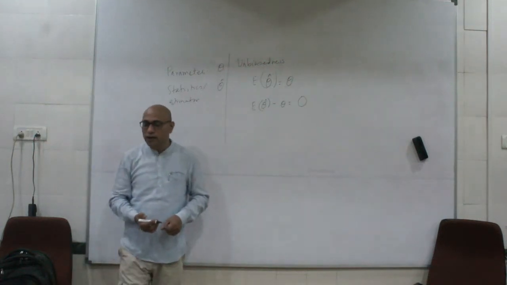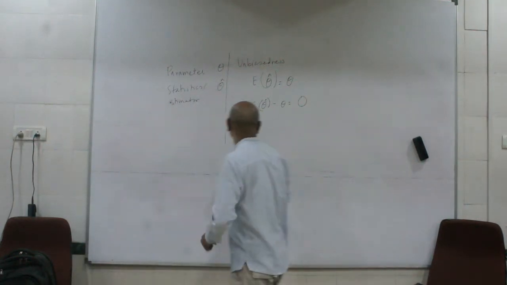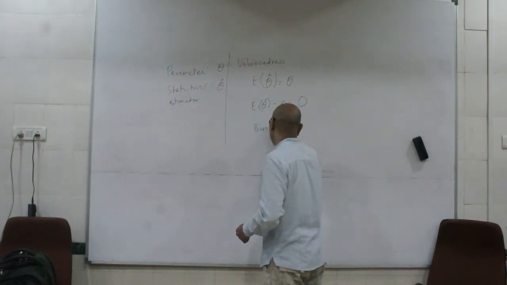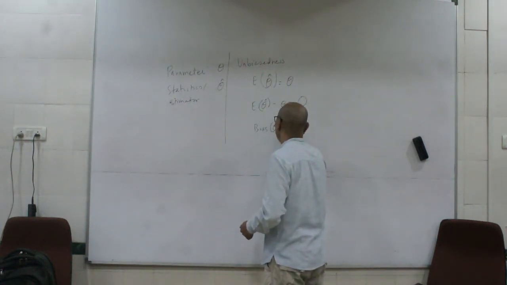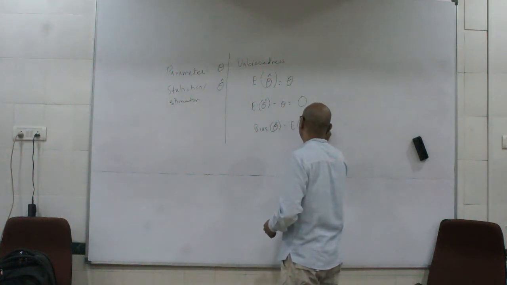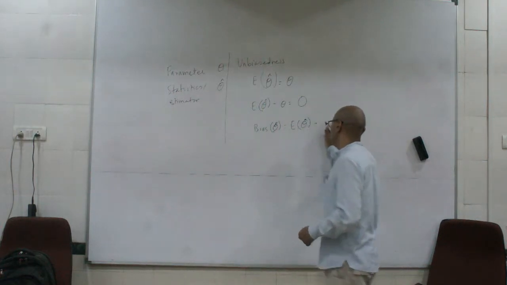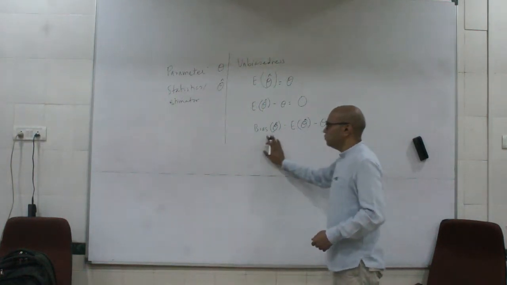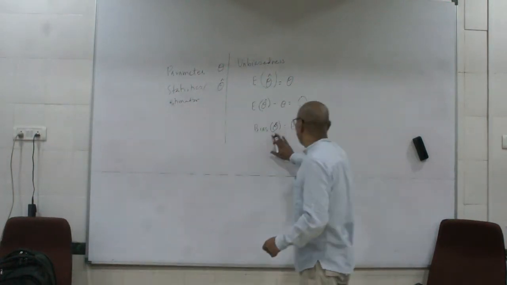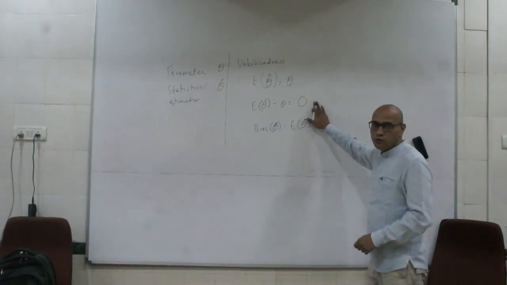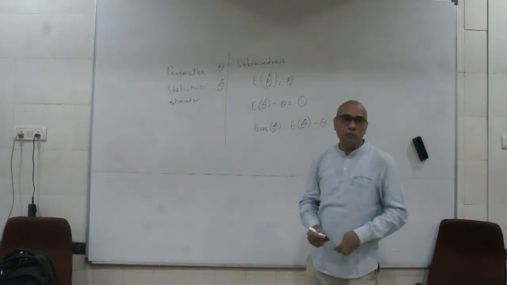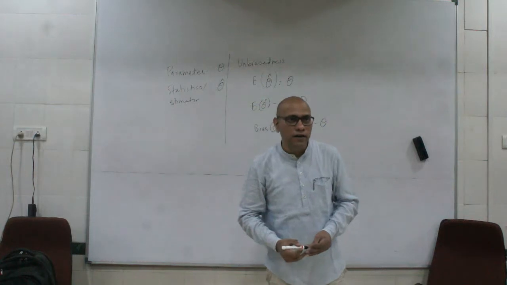So there is no bias. If we want to know the bias of theta hat, we do a simple thing. We take the expectation of theta hat and subtract theta; the expectation of theta hat minus theta would be the bias. If this bias equals 0, theta hat would be called an unbiased estimator of theta, right?